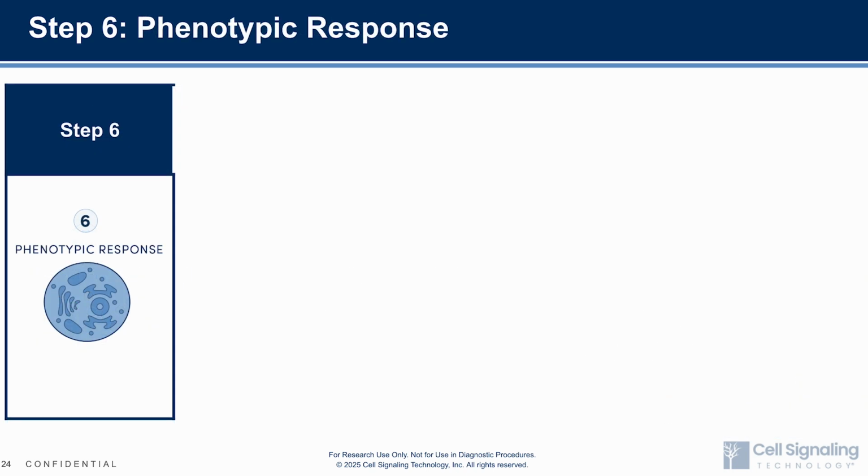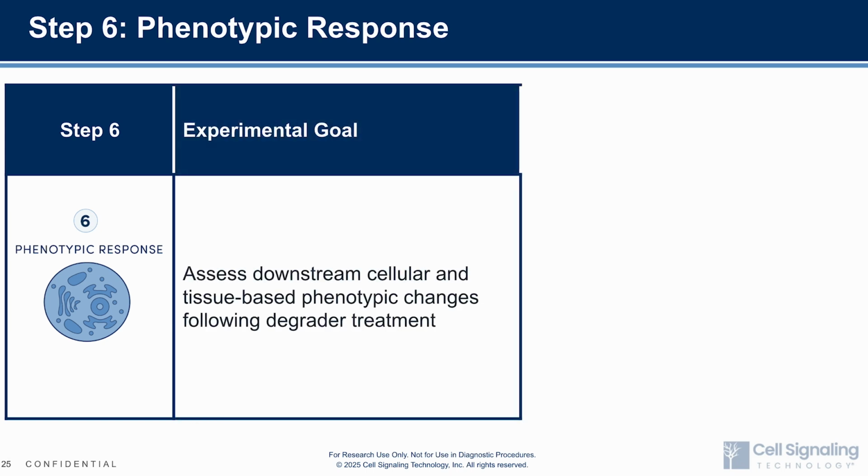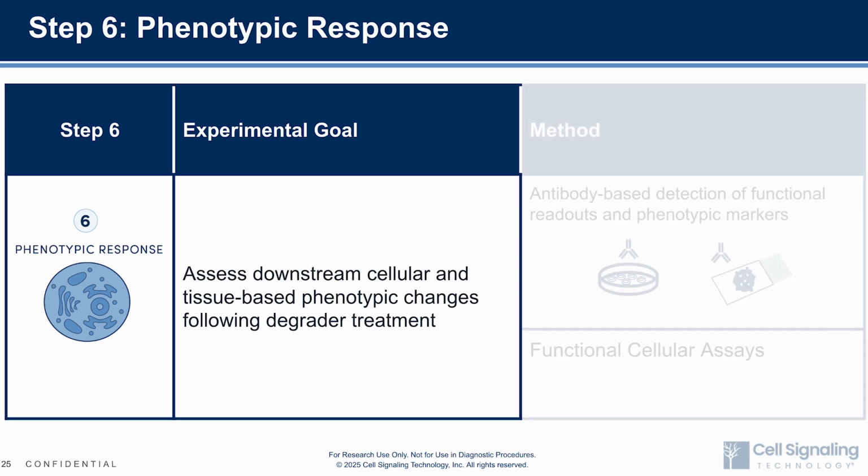And finally, you also want to understand the phenotypic response of the cell to the degraders. To do that, what you're really going to be doing is assessing downstream readouts that fall downstream of that target to ensure the functionality, and also phenotypic changes within the cell following degrader treatment.